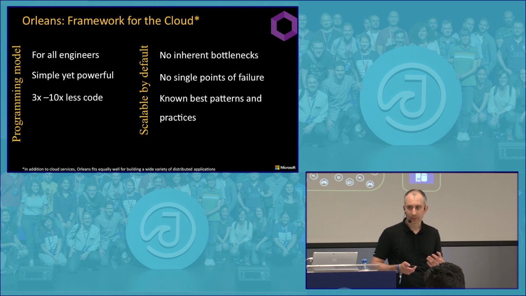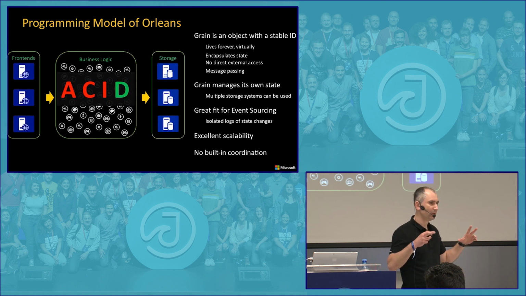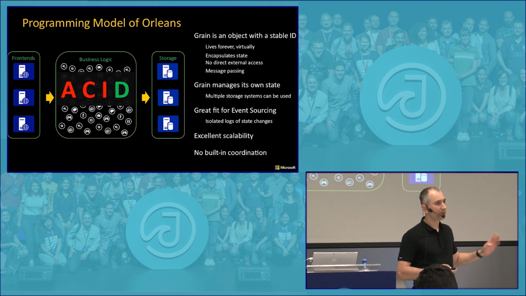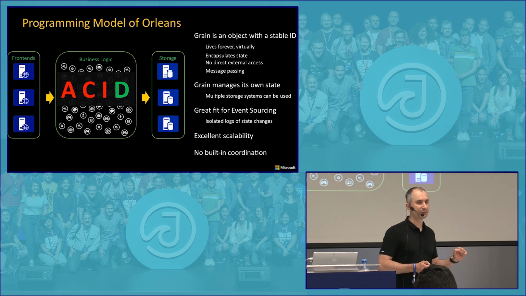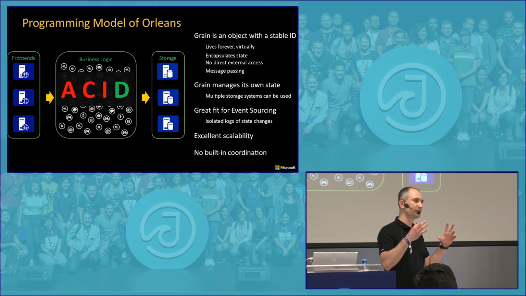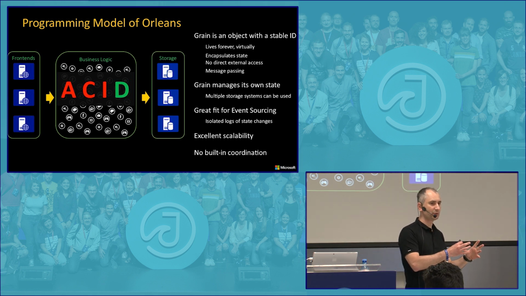And in Orleans, the programming model looks like this. In this middle tier section, instead of stateless servers, you have a cluster of machines where these distributed objects live. We call them grains. Technically, they're virtual actors, but it's easy to think of a grain as just a distributed object with a stable ID. So you have an object for a user with, say, phone number or social security number or email.